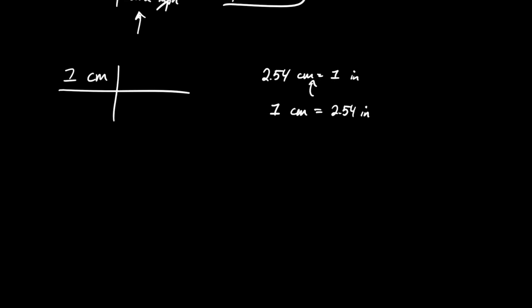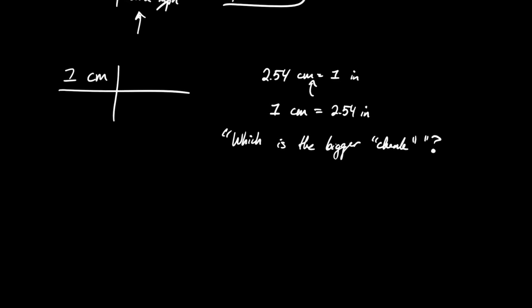Now, the way you can avoid this is by keeping in mind which is the bigger chunk. That's the question you can continually ask yourself just to double check that you're doing it right.